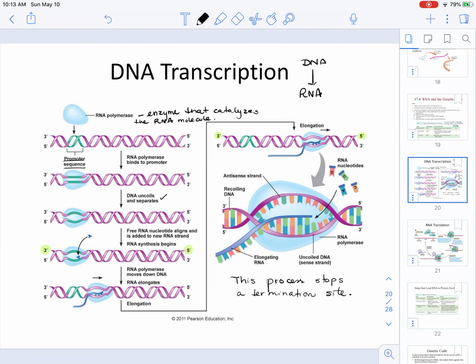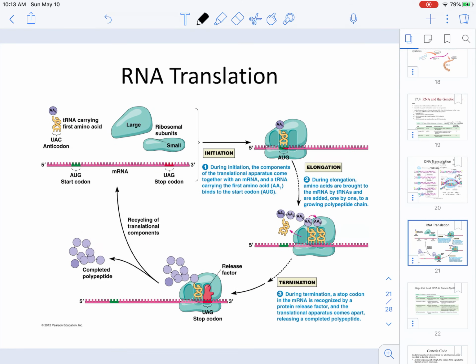The process of transcription occurs in the nucleus of the cell, while the process of translation is going to be occurring in the cytoplasm of human cells. Okay? Now, in the process of translation, remember that this is where we take that RNA molecule and we're going to be turning it into protein.